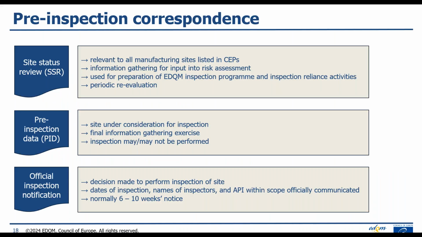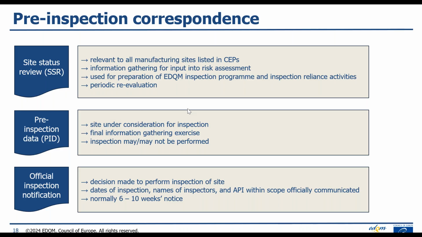Then this slide shows some of the pre-inspection correspondence that we have with sites, to clarify the different types of requests for information you might get from us. The first one would be as part of the site status review process.